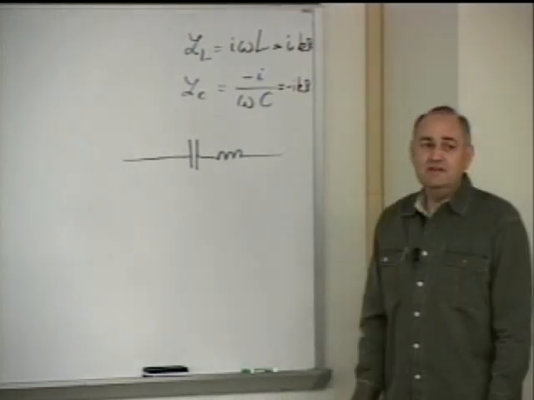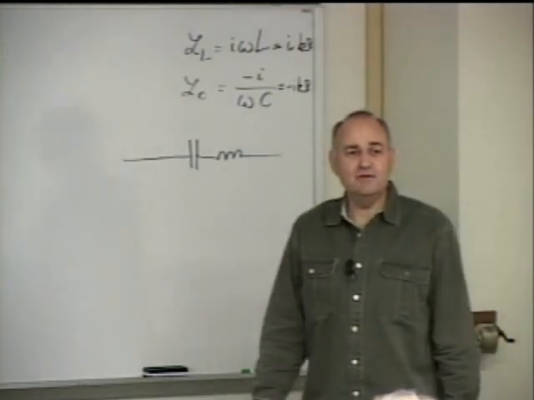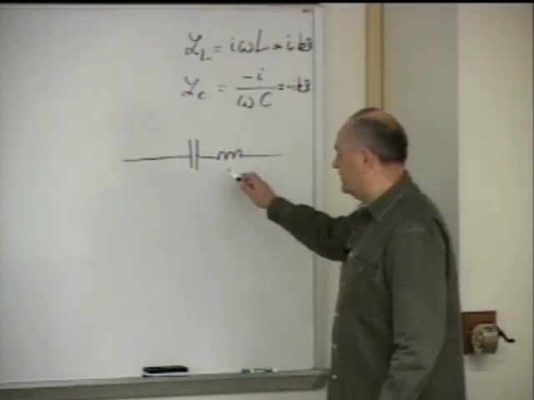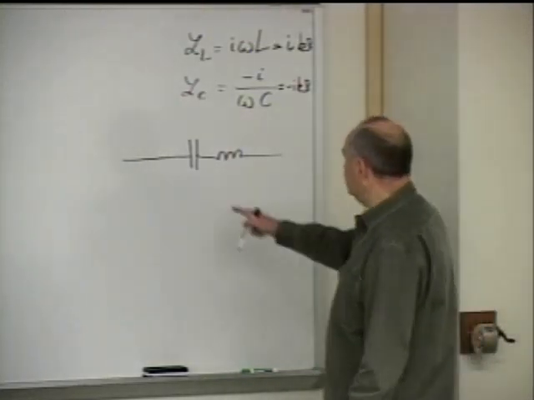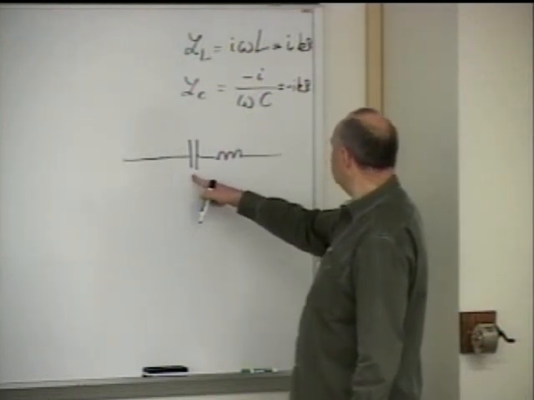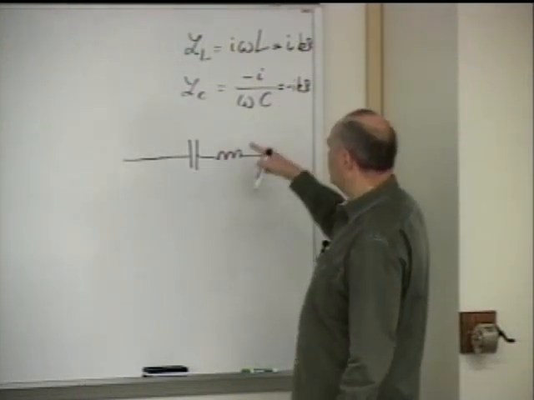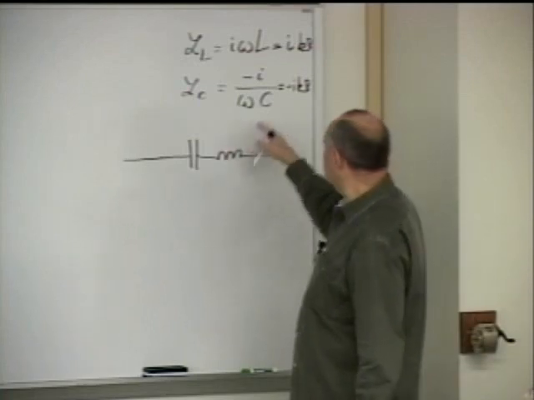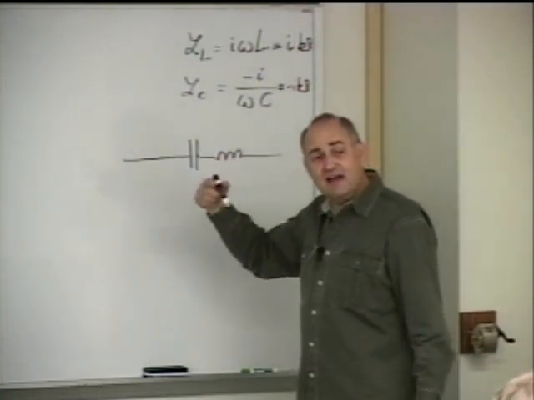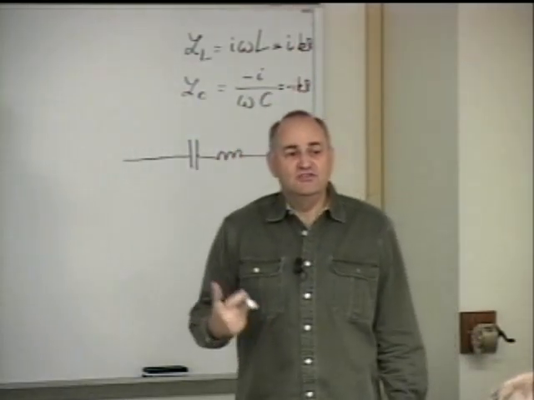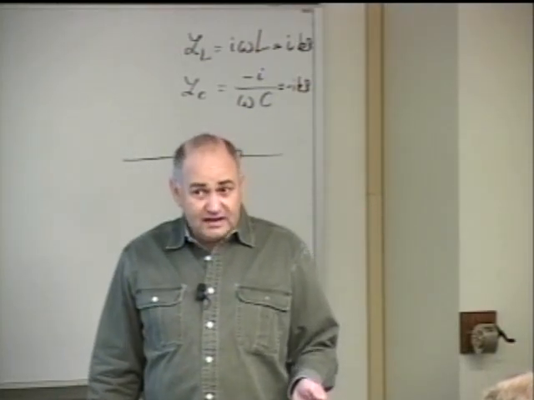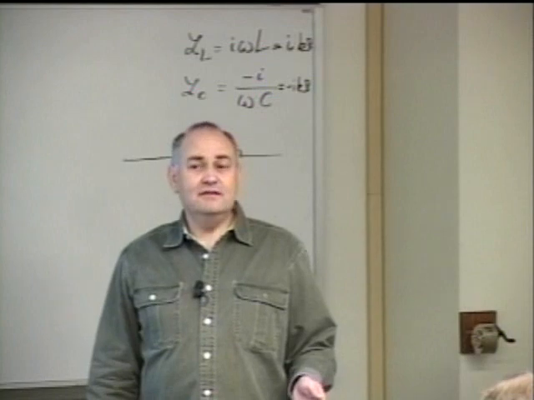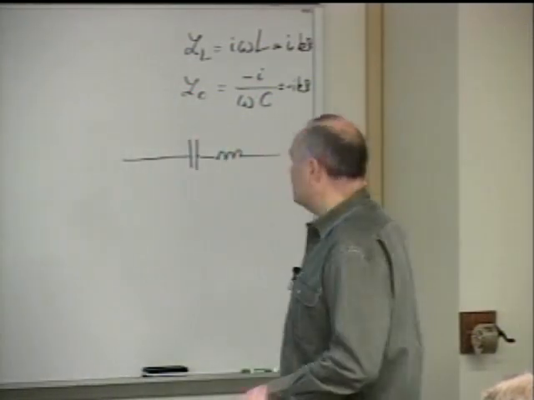So what will be the equivalent impedance now of this circuit? 0, correct? Because complex impedance of the capacitor is minus i, complex impedance of the inductor is i. Minus i plus i gives me 0. And if I take the absolute value of that, in order to find impedance itself, I will get 0.